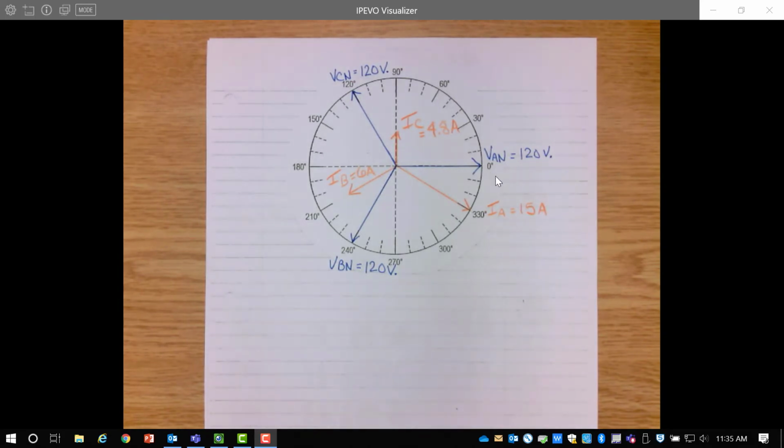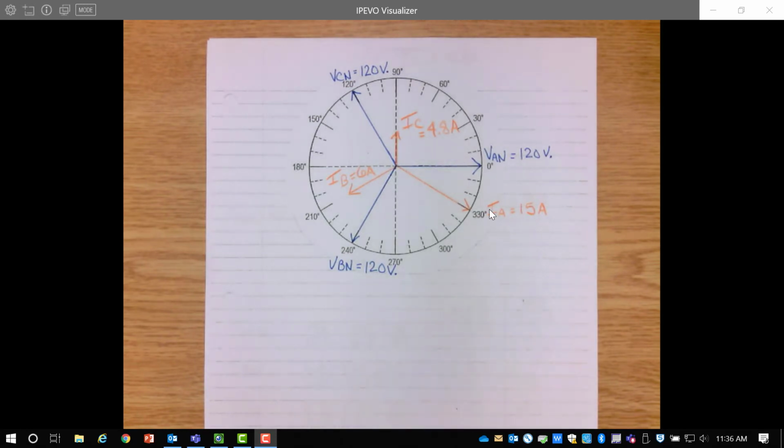Once we know where the phase voltages are at, we can put the phase or line currents, they're really the same thing, in place. Phase current IAN or IA lags phase voltage by 30 degrees.